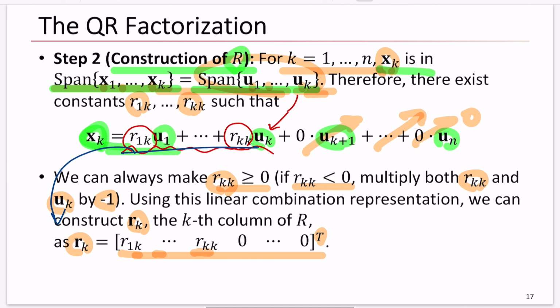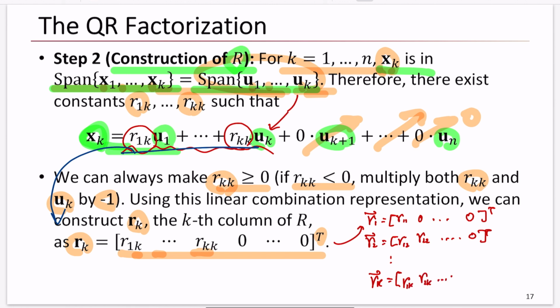So, in other words, similarly, we can make r1, which is going to be, let's say, some constant value r11, 0, 0 transpose, or r2 is going to be r12, r22, and so on, 0 transpose, like rk is going to be r1k, r2k, and so on, rkk, 0 transpose, like this.